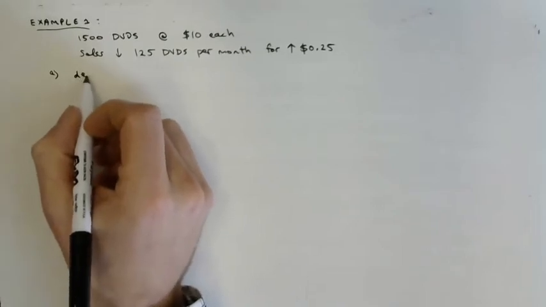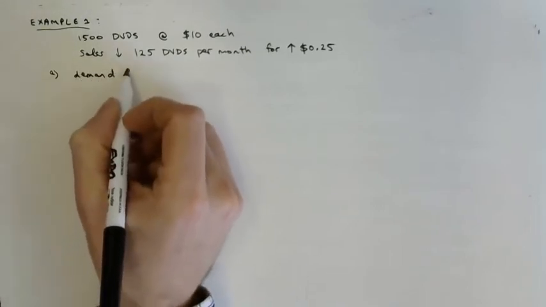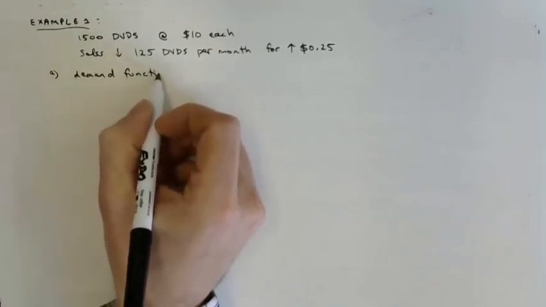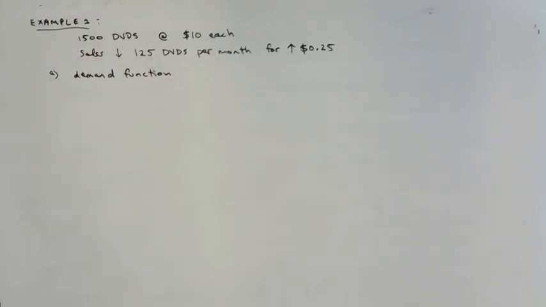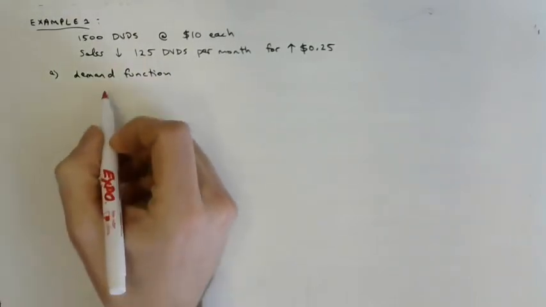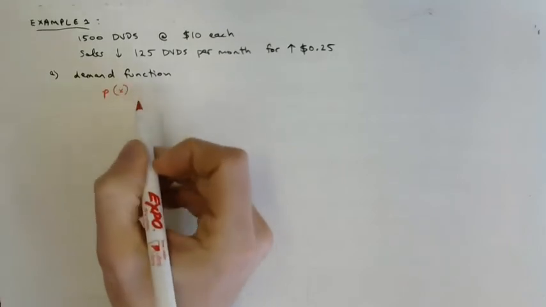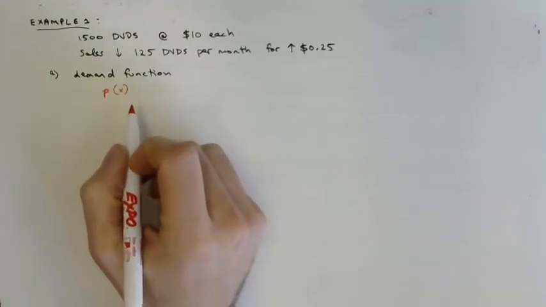So the demand function is p of x, where p is the number of units of a particular product or service that is sold at a particular price.